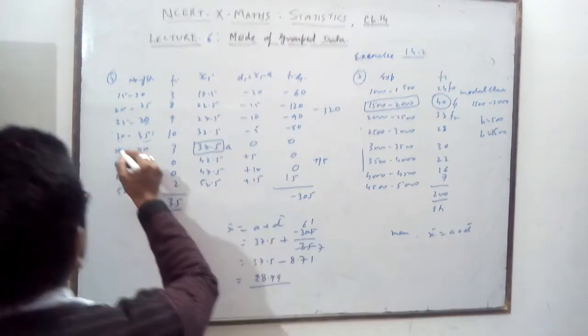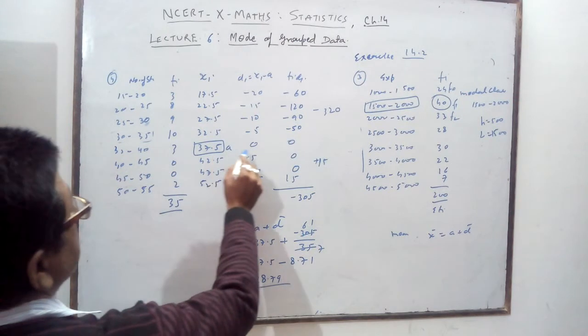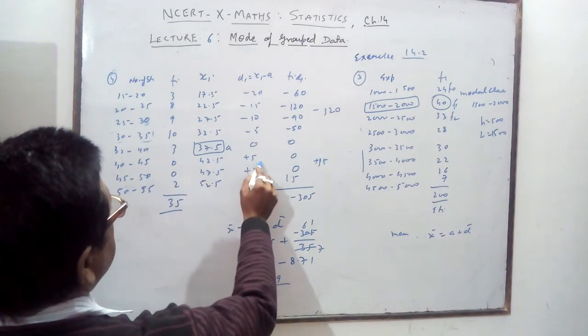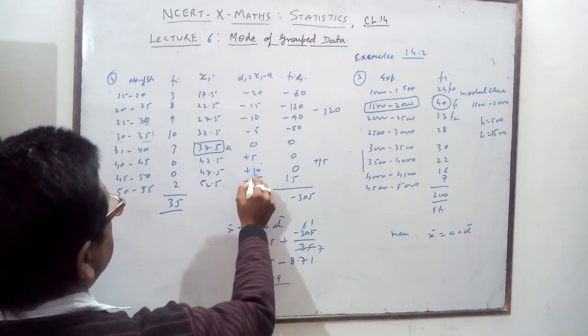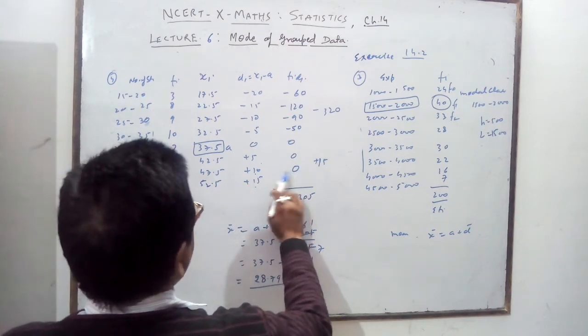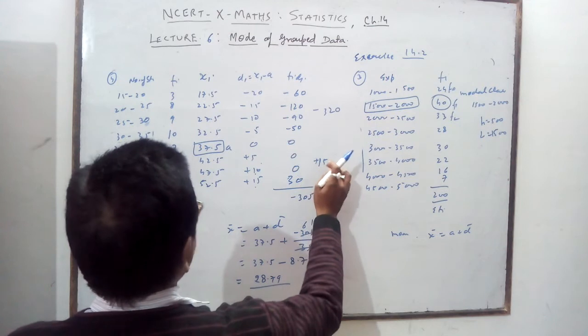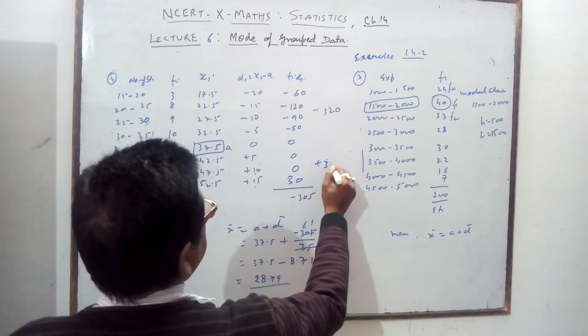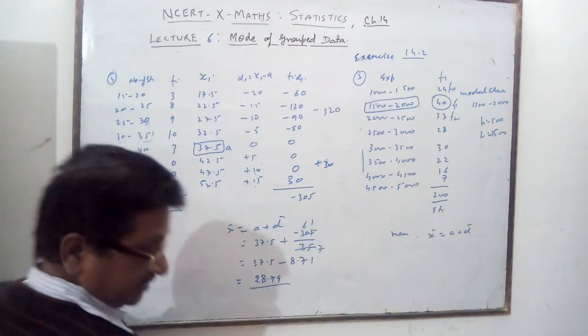Here I have written one value wrong. Here it is 30 plus 30. That's why some difference is coming.